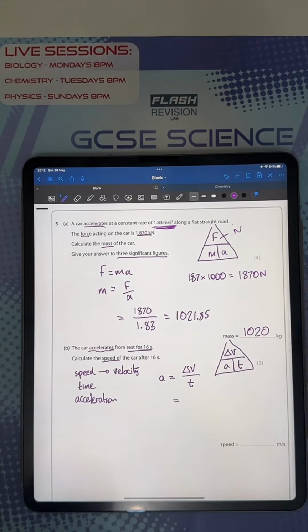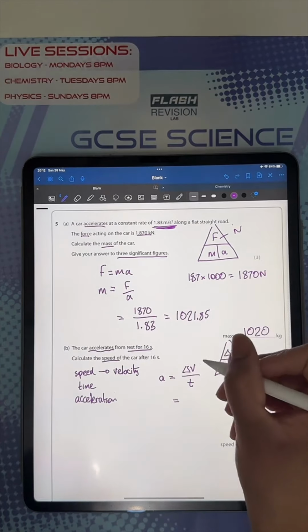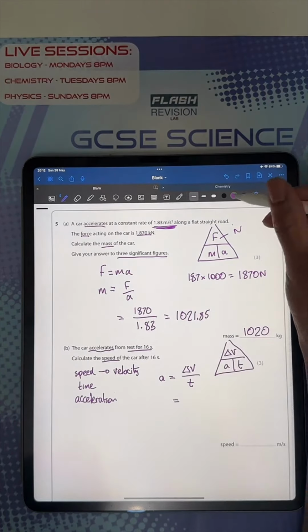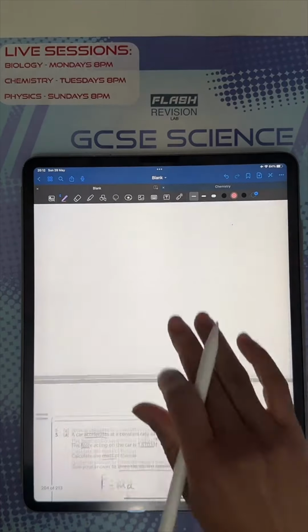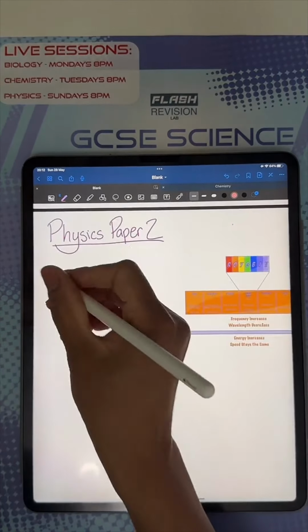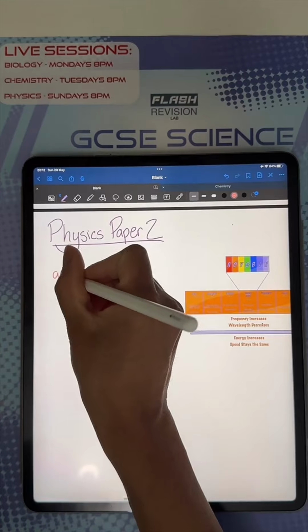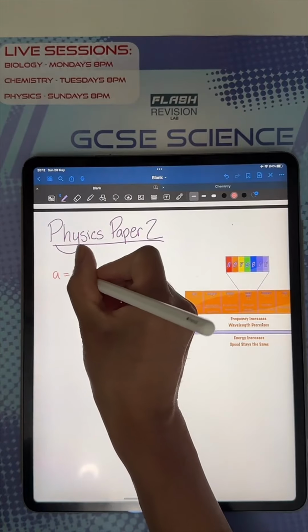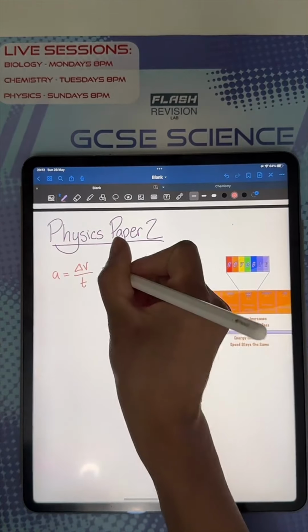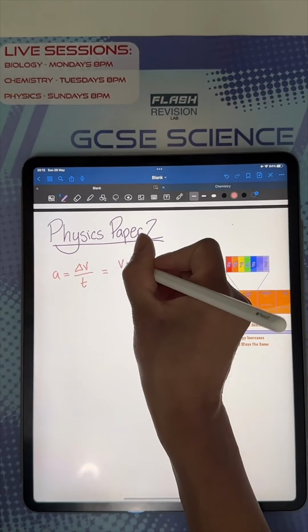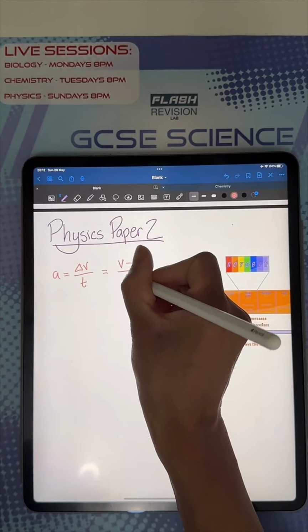This change in velocity is just v minus u. So you could rewrite this as, let's write it up here in our notes. In your equation sheets, it's written like this, delta v over t. But what that also means is v minus u over t.